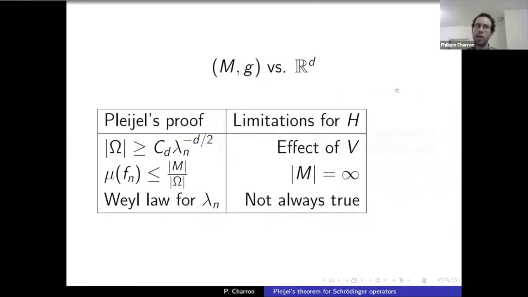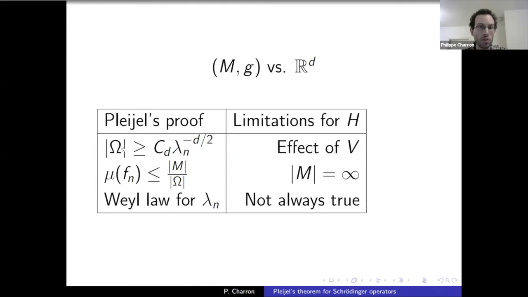we're trying to get a grip on the behavior of nodal domains of H, but H is defined in R^d. All the results for the Laplacian are defined on manifolds. And the idea is that you count the number of nodal domains: for a given eigenvalue, I have the volume of my domain, the volume of M, and then you divide by the minimal size of each nodal domain.